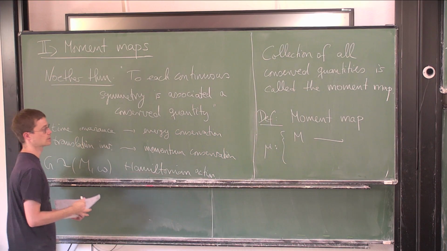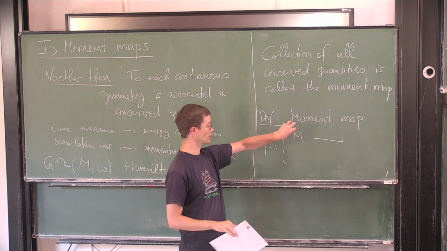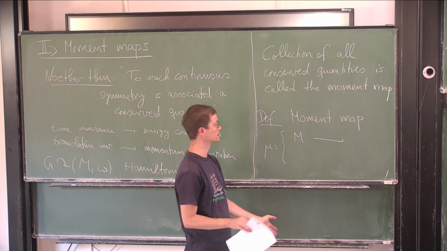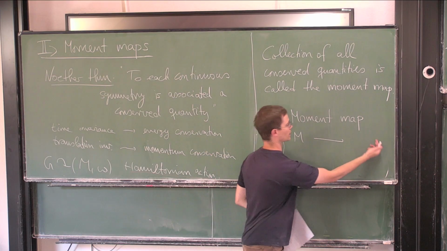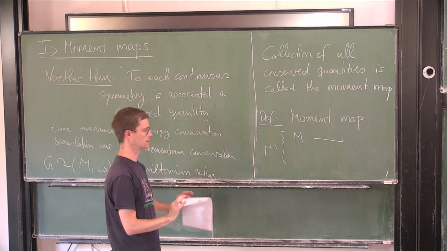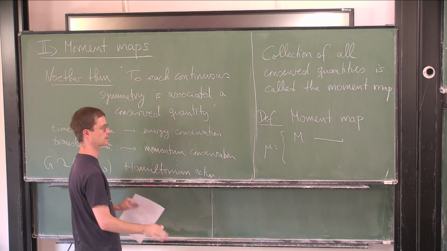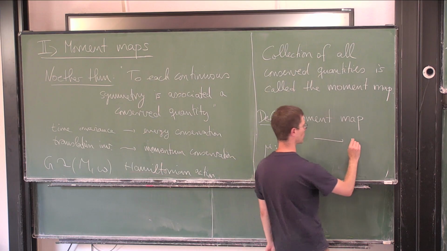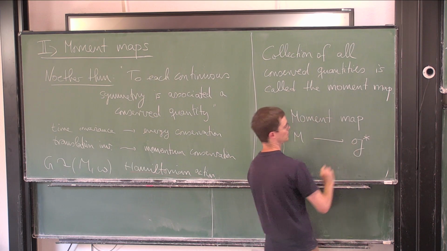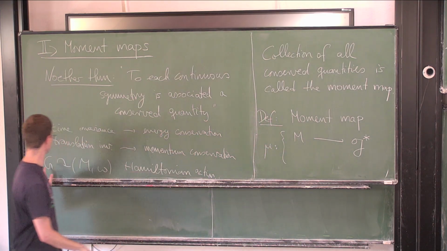The idea is that to every point of your space, which is your phase space, you associate the list of its conserved quantities. And the surprise is the space where it lands. You would say it's just a list of things, some kind of list in some vector space. And the surprise is that this vector space is actually the dual Lie algebra of the symmetry group.